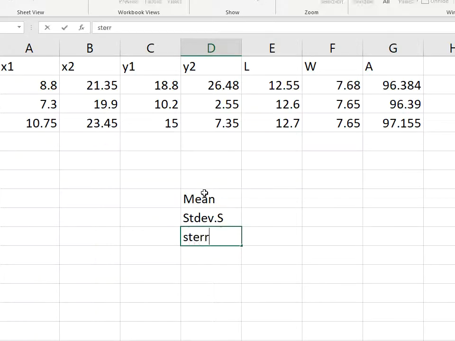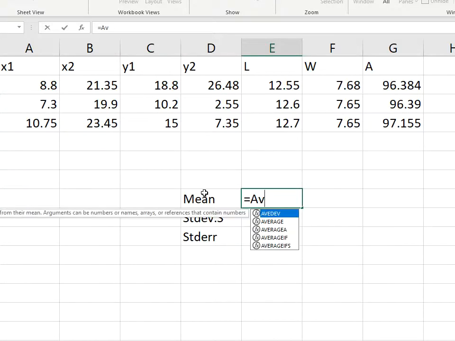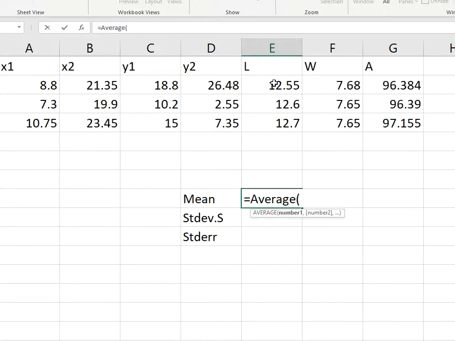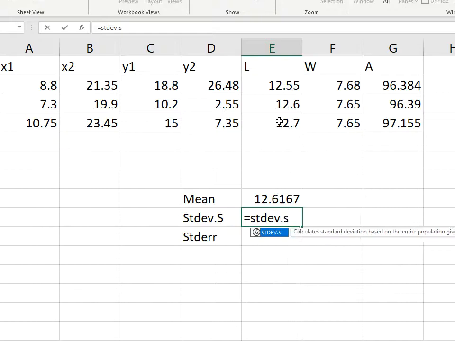So I'm going to talk for a moment here about the mean, standard deviation dot s, and the standard error. So the mean of these 3 values equals the arithmetic average of those 3 values. The standard deviation dot s is stdev dot s of those 3 values.